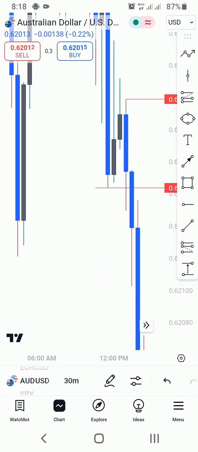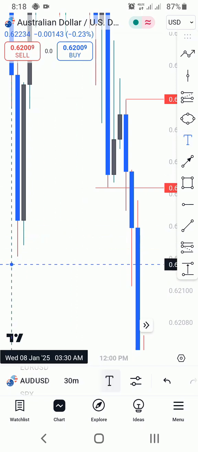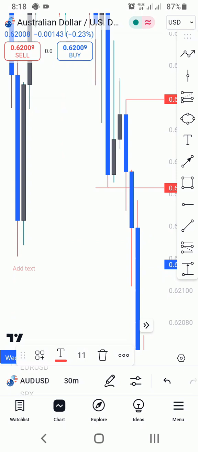So what's next? Which time frame comes after 30 minutes? It's M5. Let me write it for you here for simplicity.